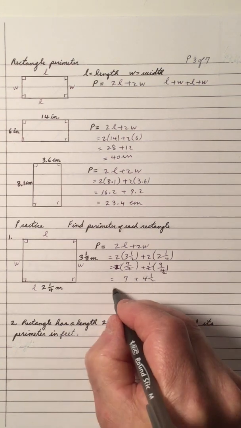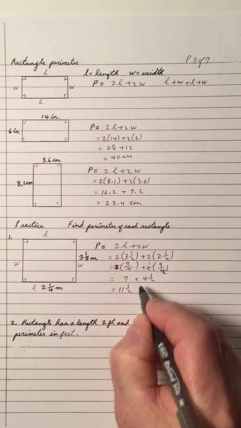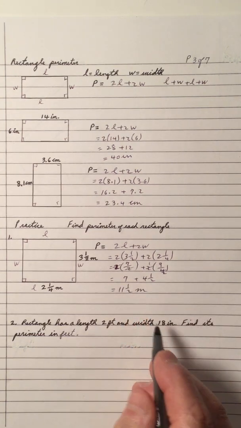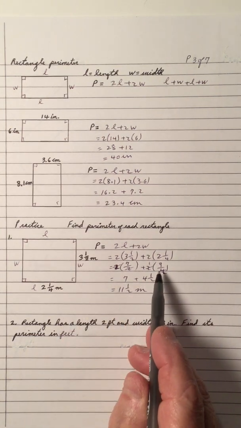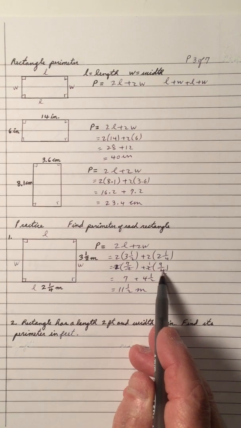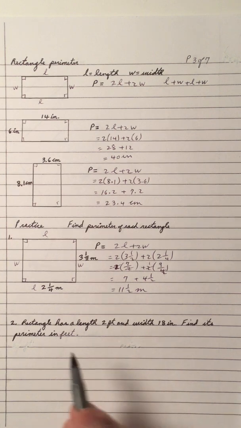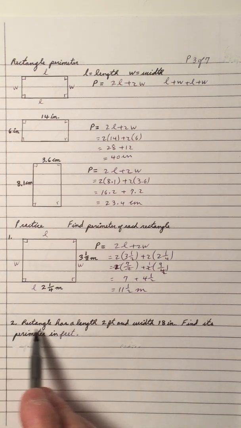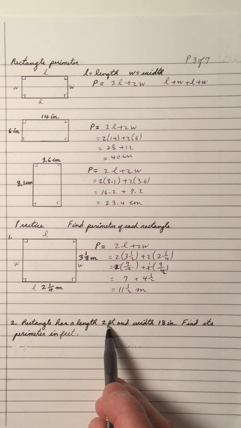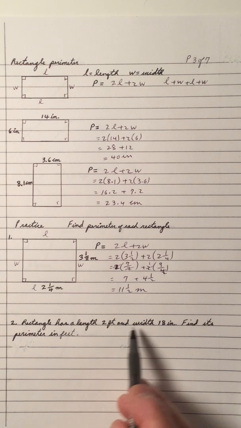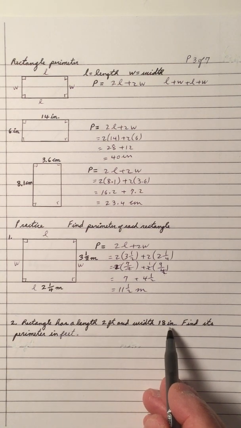So that's 11.5. And it's meters for the perimeter. So I could have made 9 over 2 as 4.5. We got 11.5.